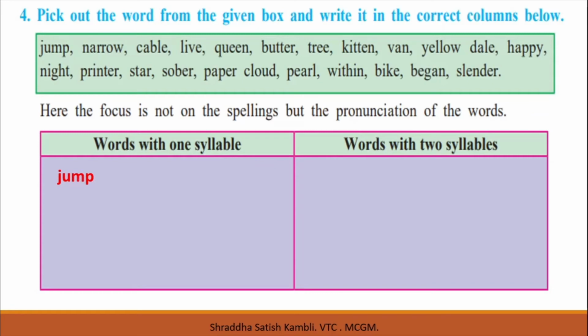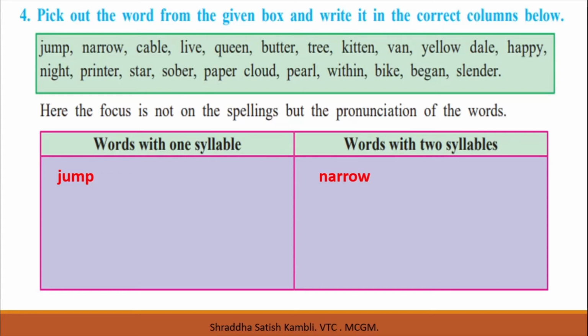One vowel, one syllable. But it doesn't mean that where there is one vowel, there will be always one syllable, okay? Then you have narrow. See, the way you say the word itself, you will come to know how many syllables are there if you say the word correctly. So narrow. So you have a and o. That means you have two syllables. So narrow comes in this column. Cable.